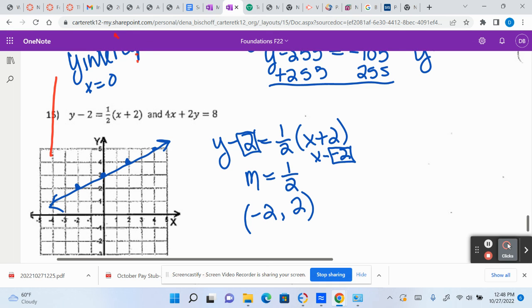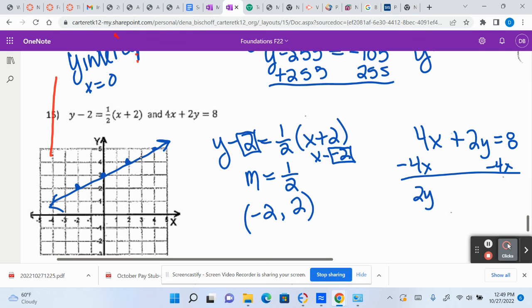Okay. What do we know about this equation? Do we know the slope? Could we figure it out? Subtract 4x from both sides. 2y equals -4x plus 8.